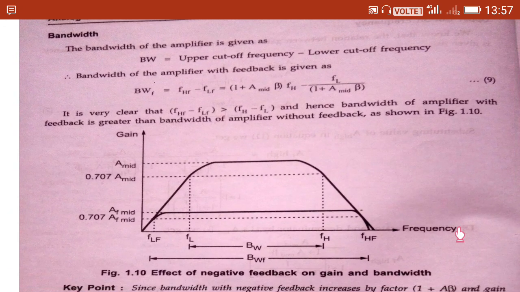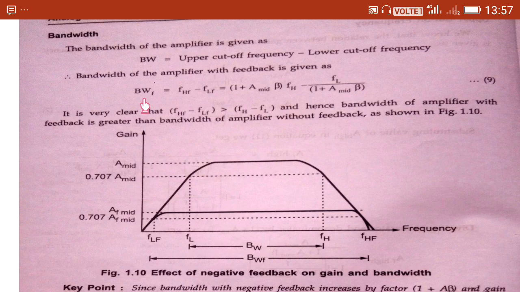So this is the formula of bandwidth, and this is basically bandwidth with feedback. Bandwidth with feedback is FHF minus FLF, means higher cutoff frequency with feedback minus lower cutoff frequency with feedback.